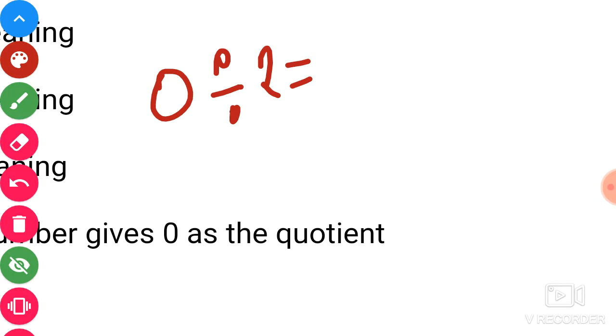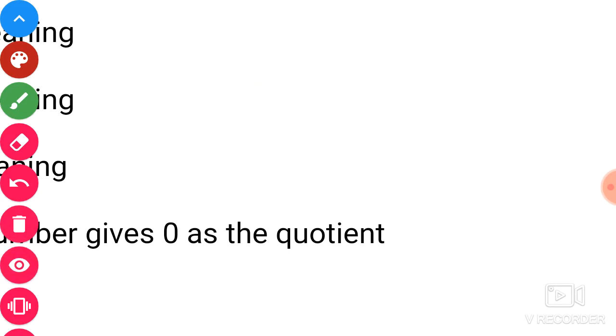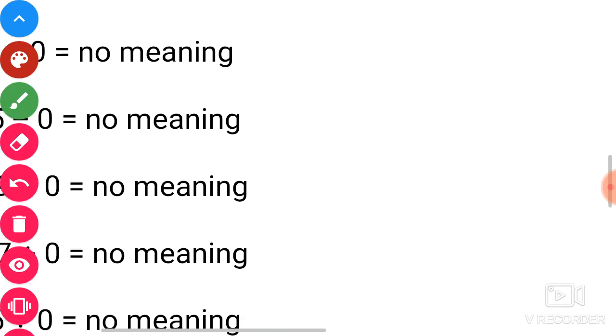Whenever we have to divide 0 with 2, we will get 0 here.